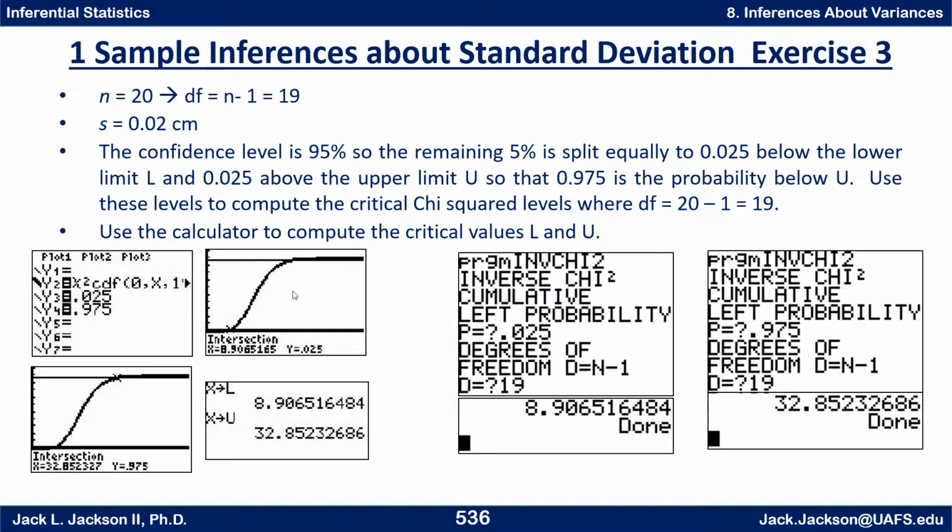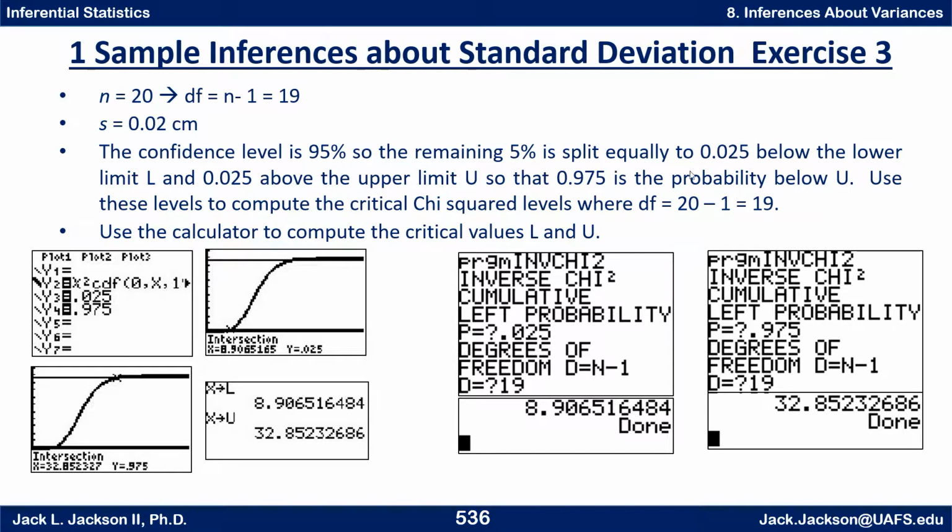Now, of course, you can do it this way no matter what, but if you have my inverse chi-square program, then there's an easier way. Or if you have a TI Inspire, I believe an inverse chi-square is built in, and so you could use that. So if you have that, you can run the inverse chi-square program. It asks for the left probability.